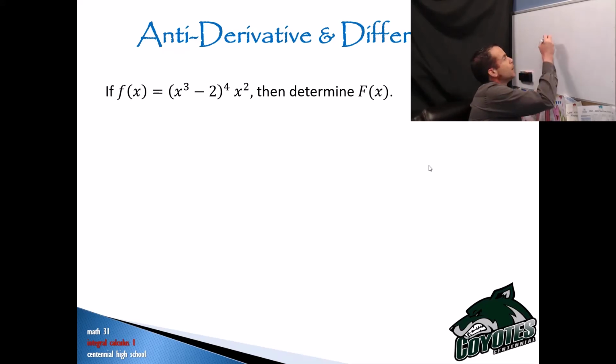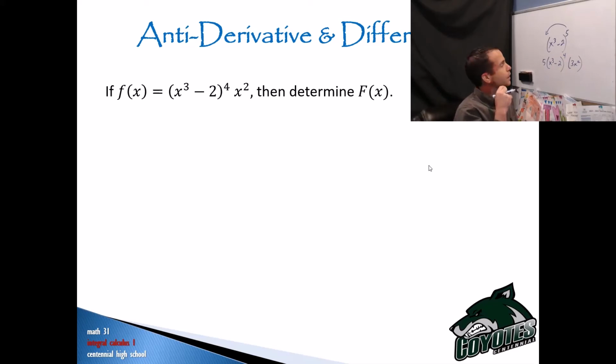Well, I see right away x cubed minus 2 to the 5. Because if I took x cubed minus 2 to the 5 and brought the 5 to the front, this would be 5 times x cubed minus 2 to the 4 times the derivative of the inside function. Well, the inside function would give me times 3x squared.